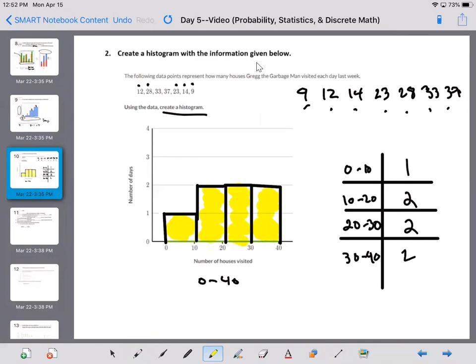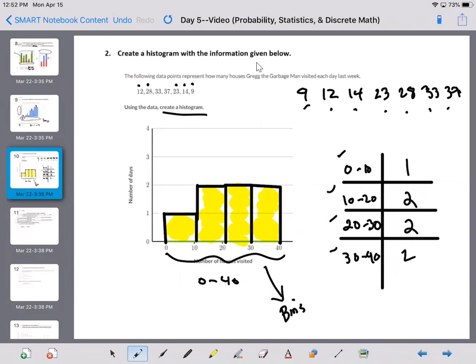The idea: take your data, figure out how many, in Excel, we typically call these bins. Figure out how many bins you need. And notice I made my ranges in increments of 10.